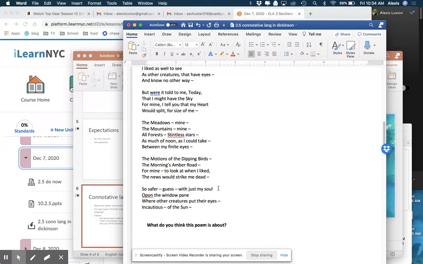Okay, so let's try to put that all down. She's saying that before she was depressed, she liked to go out and be with people.